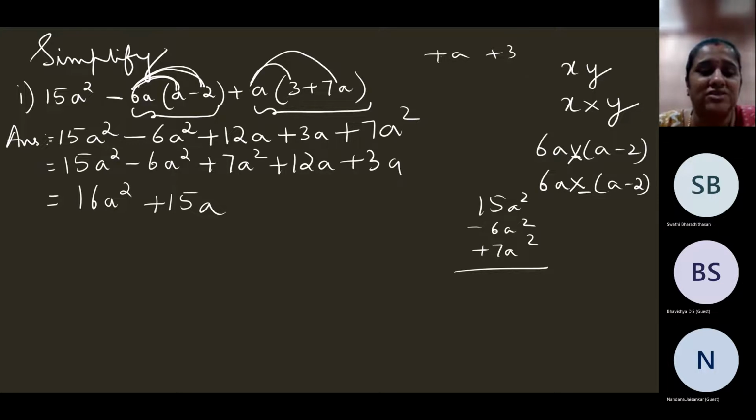See the answer. This expression is nothing but 16a squared plus 15a. That's all it is. So we have simplified it. Not solved, sorry. We have simplified it. Solving means finding the value of the unknown.